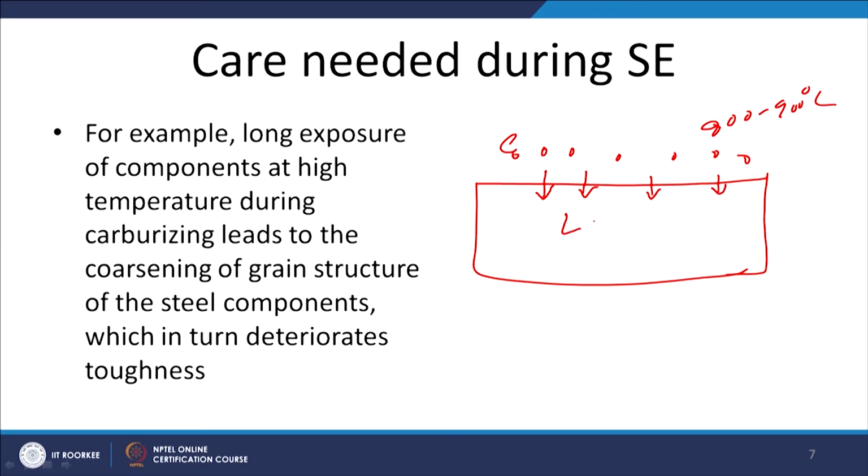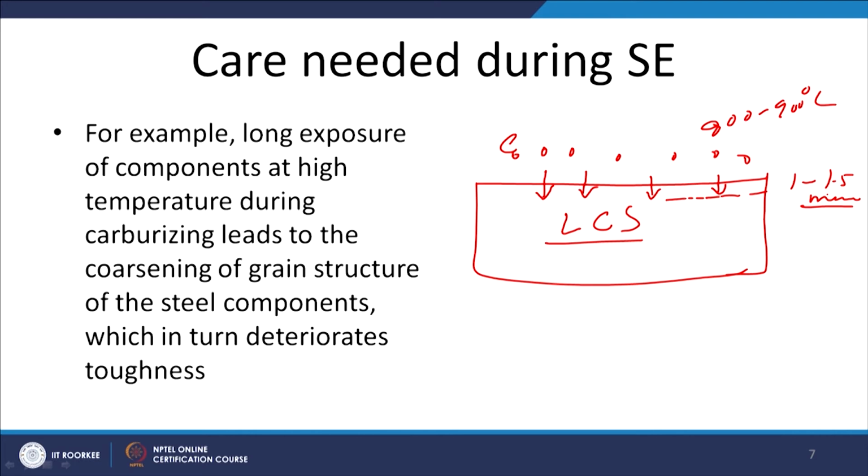Normally low carbon steel components are subjected to carburizing, and the carbon diffuses up to the required depth, which is normally say 1 to 1.5 mm from the surface. As per the application, case hardening or carburizing up to different depths is carried out, so that the hardening up to the required depth can be achieved.